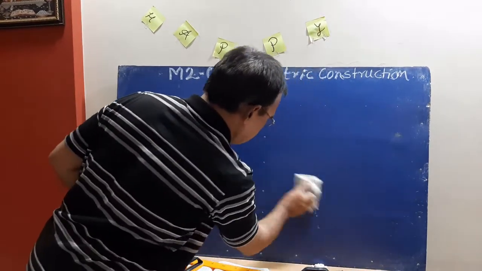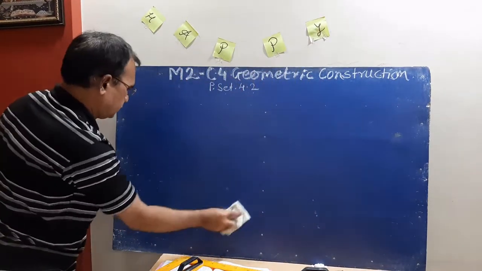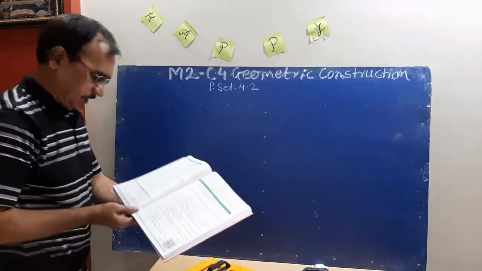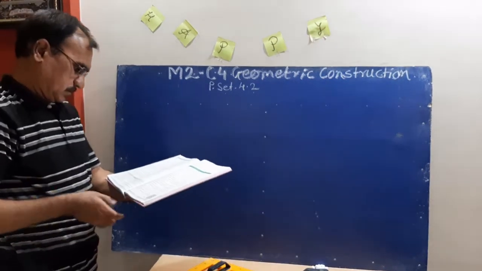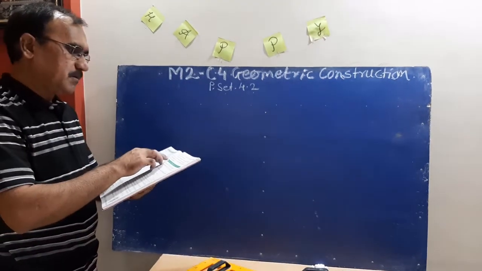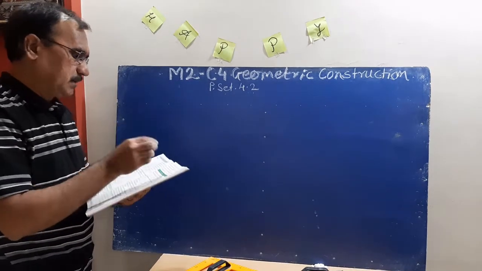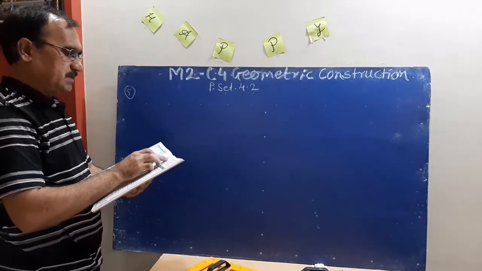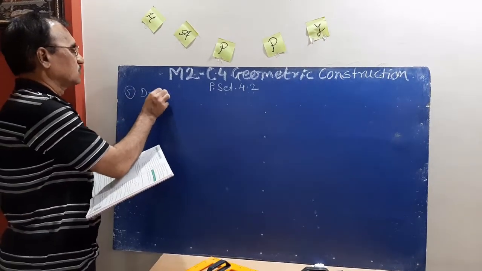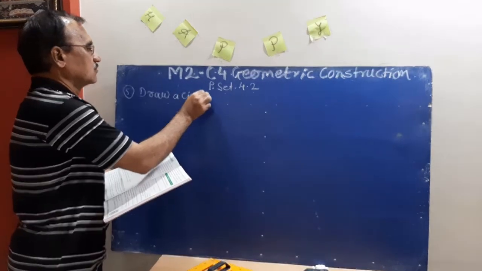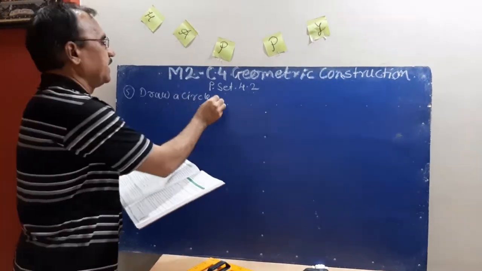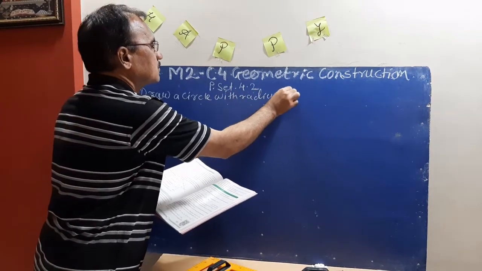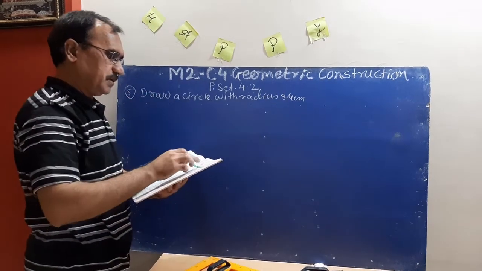Before that, the next example is example number 5. Draw a circle with radius 3.4 cm.